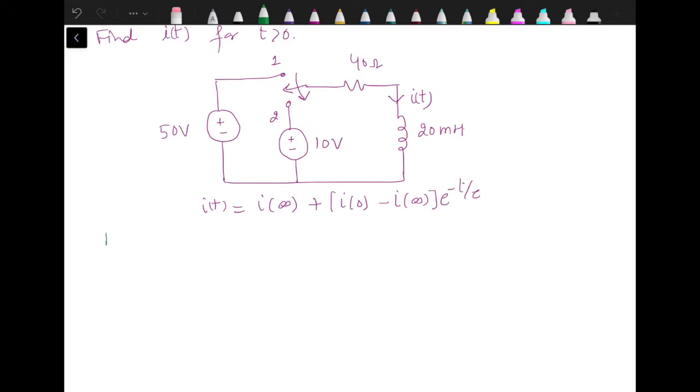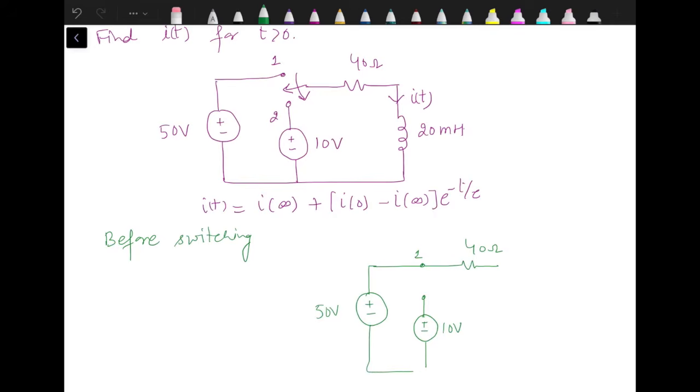I0 we find out from before switching conditions. Before switching means the switch is connected in position 1. Here we have inductor.